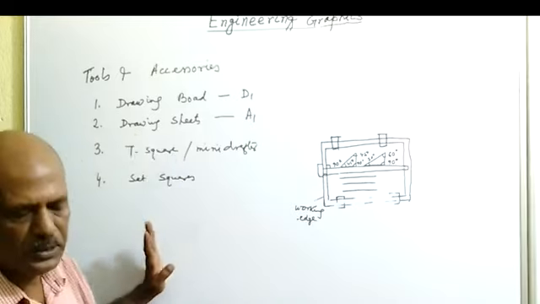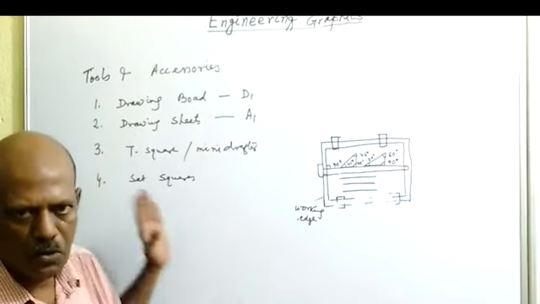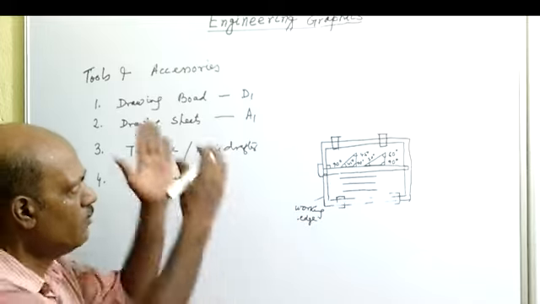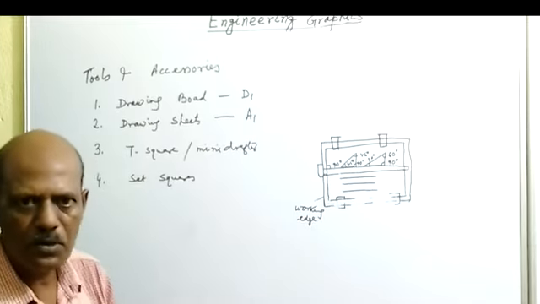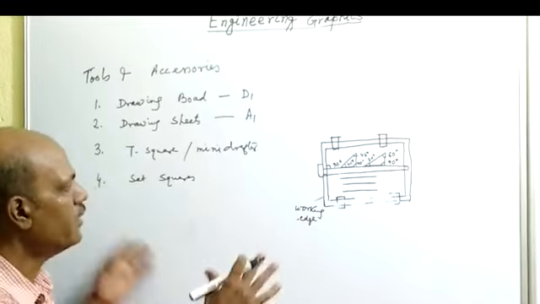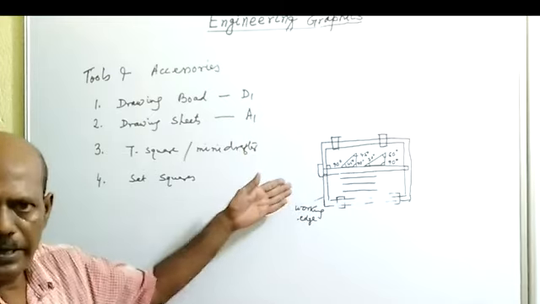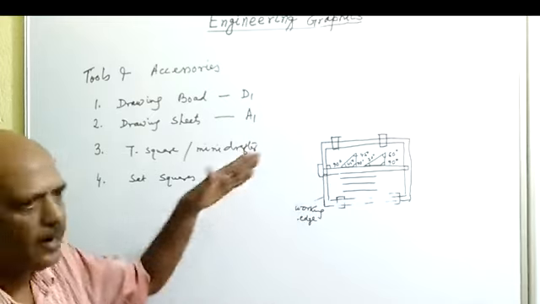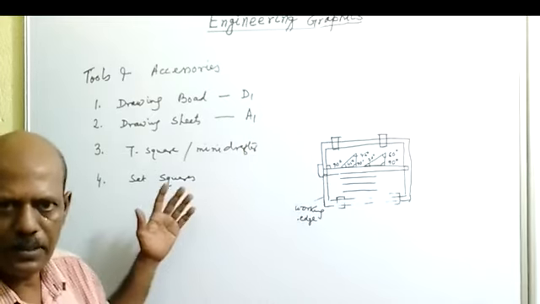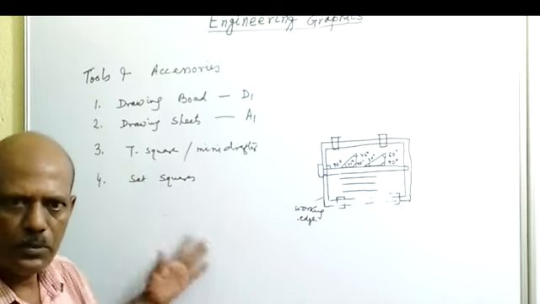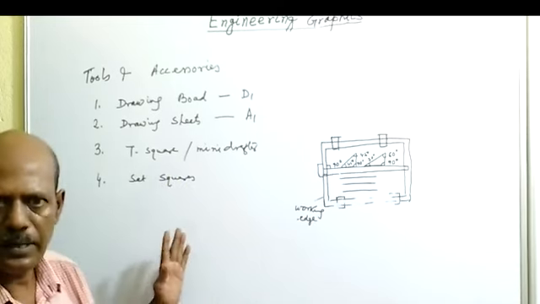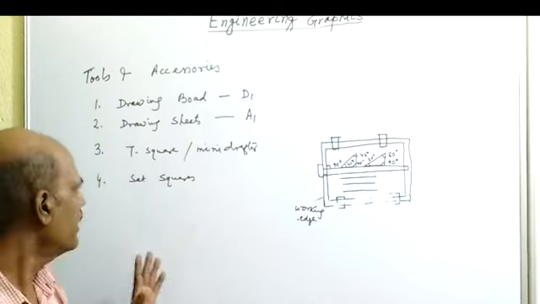With the help of the T-square we can draw horizontal lines, and with the help of the set square we can draw a 90 degree angle or a perpendicular line or any other line at a particular angle, that is 30, 45, 60, 90, 120, 75 and 150 degree angle.